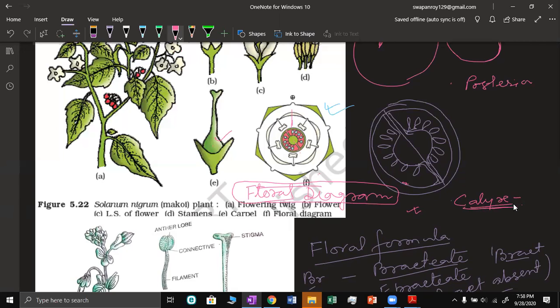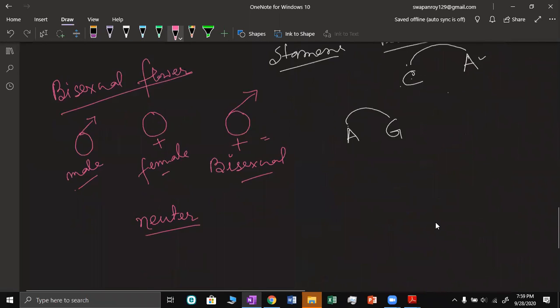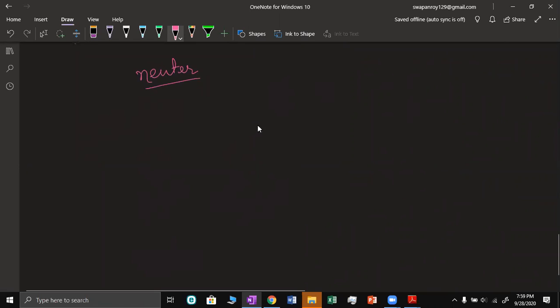By drawing the number of sepals in the calyx, their estivation, and whether it is gamo or poly can be shown. Like the calyx, corolla also can be shown by drawing. Then androecium also can be shown. So I will show you here that this is androecium.